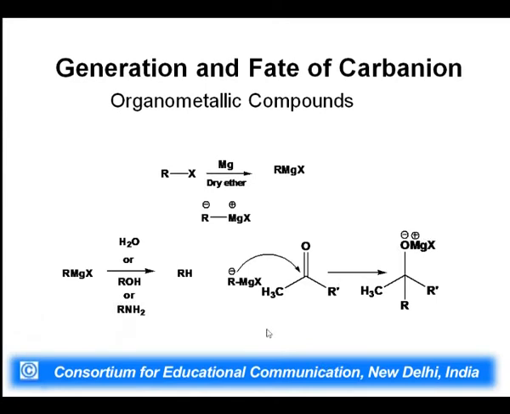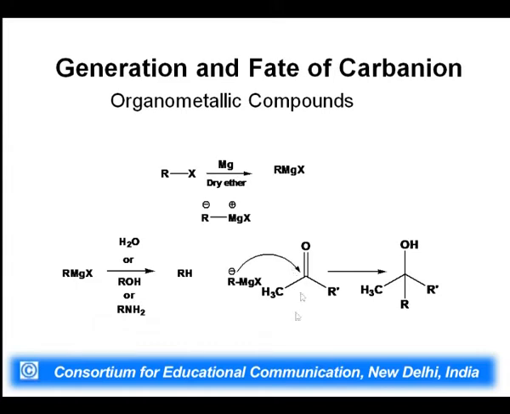If both the groups are hydrogens, it is formaldehyde; if one is CH3 and the other is H, then it is acetaldehyde or another aldehyde; and if both the groups are R, then it is a ketone. In the last step, this OMgX system is hydrolyzed with water to give you an alcohol.